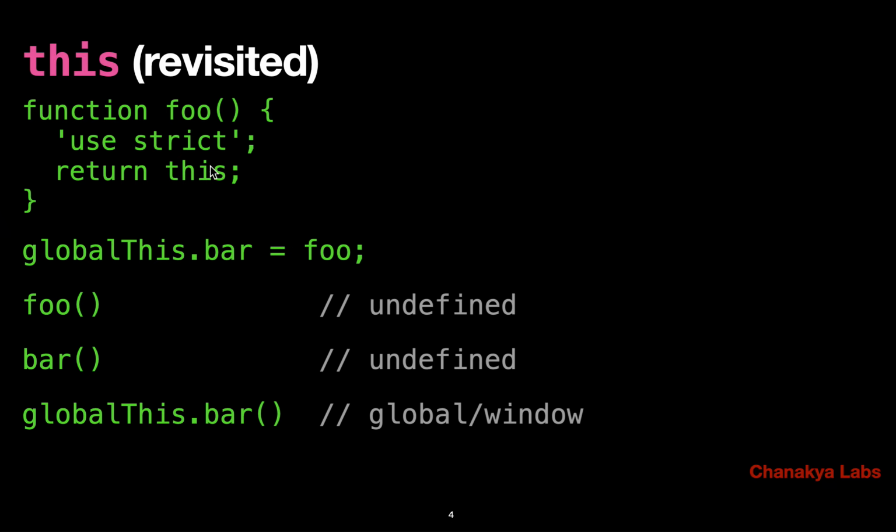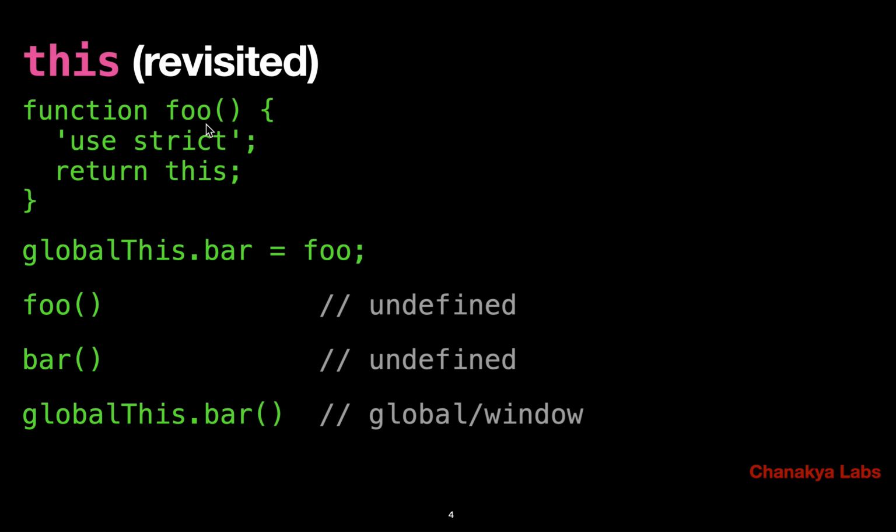But even if it is strict mode, the this variable is globalThis. Why? Because this strict mode behavior, that it is undefined, is only for the global context. In global context, if you are using a function and that is strict mode, then it is undefined. In global context, if that is not strict mode, then it is the global object, right?